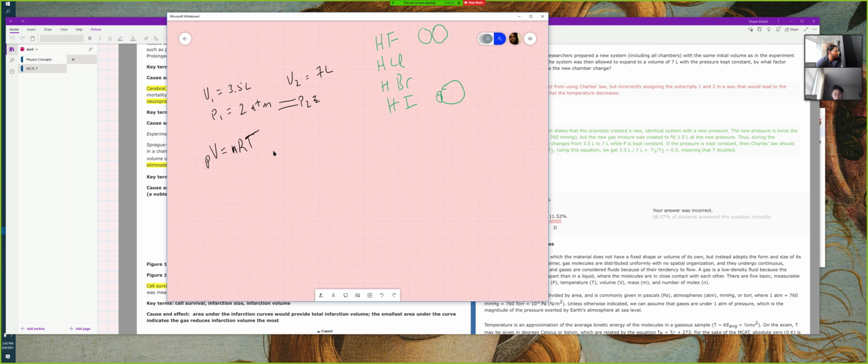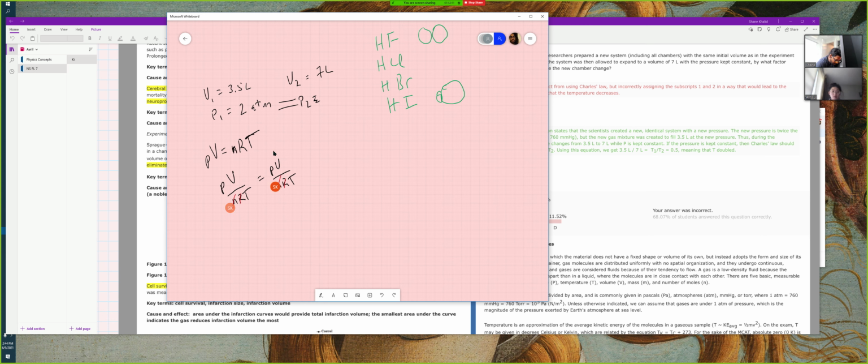Since I'm going to deal with two versions of that, I'll just write PV over nRT is equal to PV over nRT. So tell me what we can cancel. R and mole.